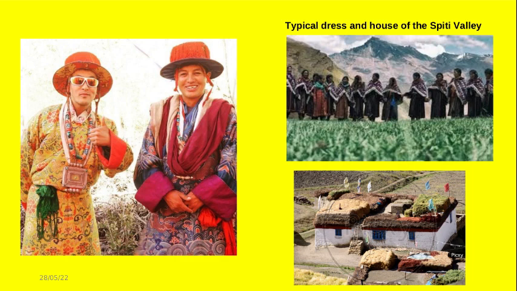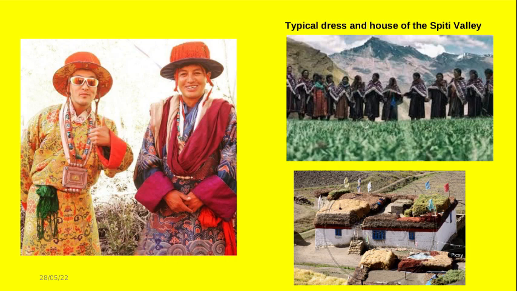Now, this is the typical attire of Spiti. Now, of course, they have become very modern, and you can find the local Spitians moving in jeans and t-shirts. But this is the typical one, and most of them wear goggles to protect their eyes from snow glare. The women still wear the normal traditional dresses, though the young girls have taken to salwar kameez.